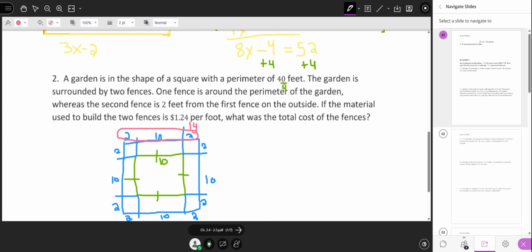Now, I'm actually going to go back to this 40. But I know that this is 14 and this is 14, and so I've got 4 of those.